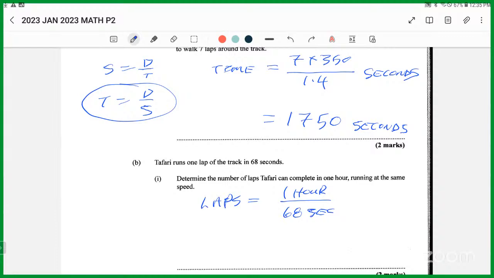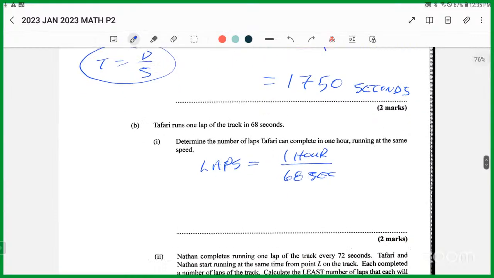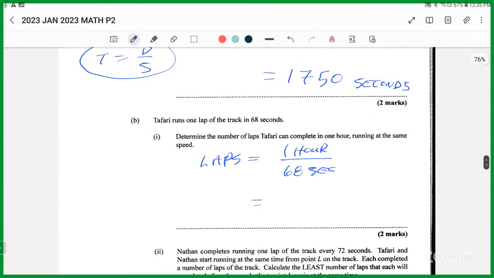So I want to know how many 68 seconds are in 1 hour. That's what it is really. Each lap is 68 seconds. You want to convert the 1 hour to seconds. So 1 hour is 60 minutes, and each minute is 60 seconds. Divide that by 68.